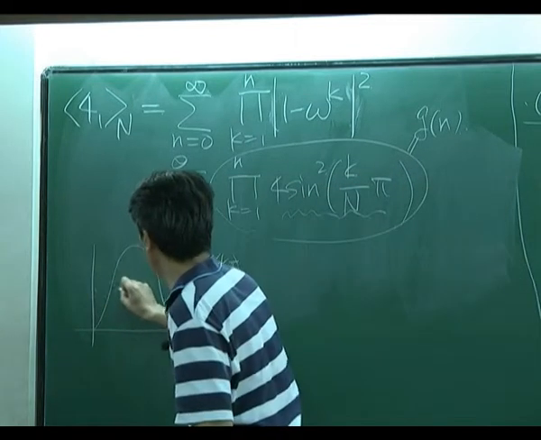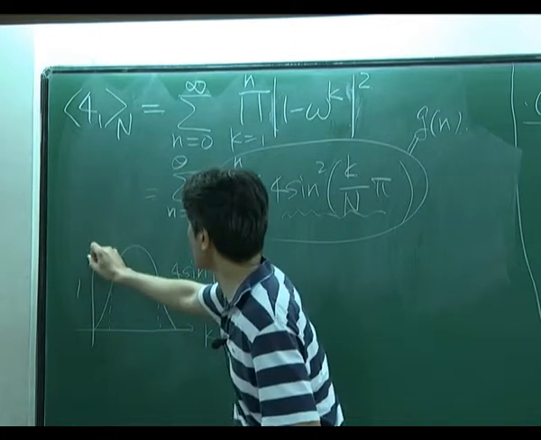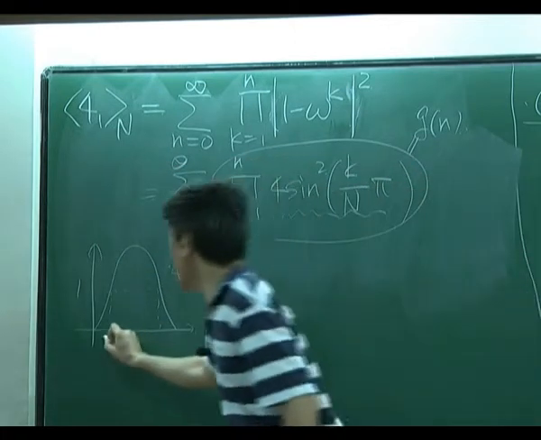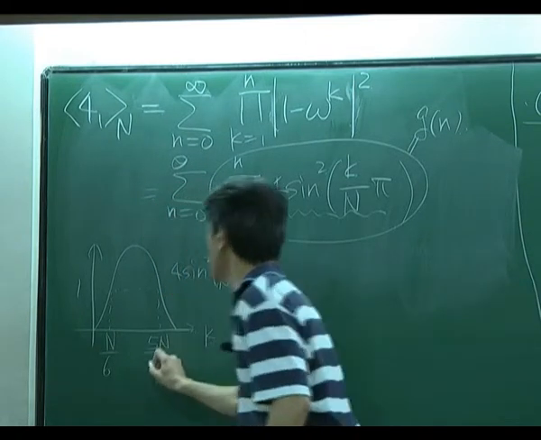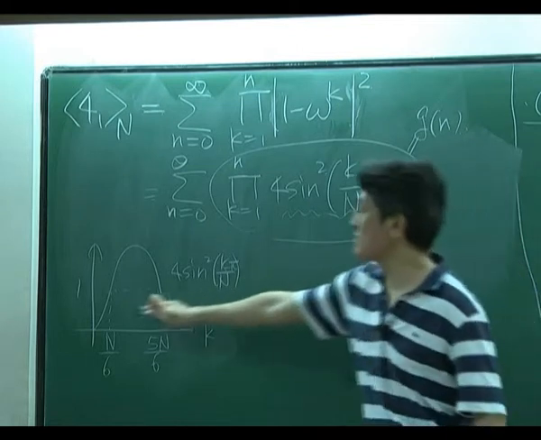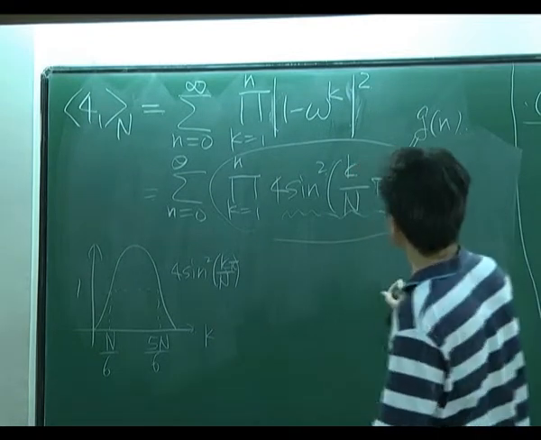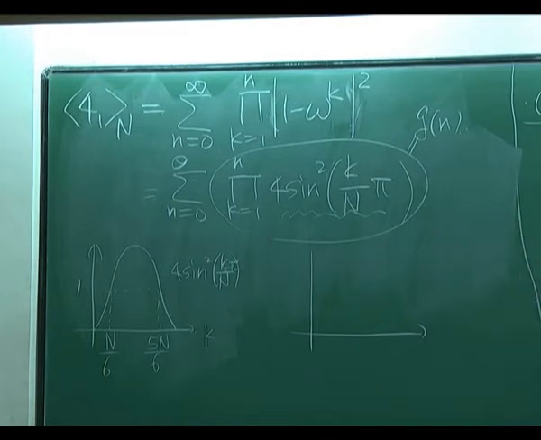And at k equal to n over 6 and 5n over 6, this equals unity. So from this picture, it is easy to see the behavior of this G_n.